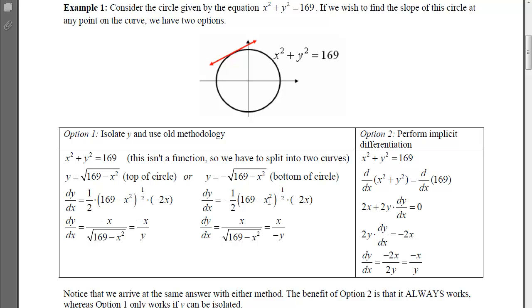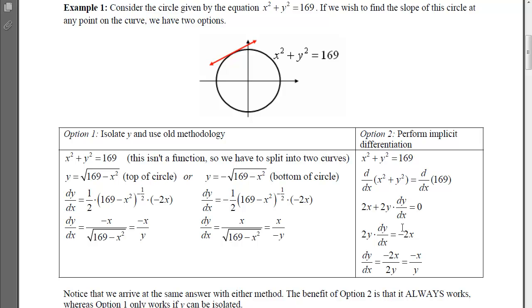I can do the same thing over here, and if I simplify, I can see that I'll get a negative x on top, and that's the square root of 169 minus x squared on the bottom. Well, that is the same as the y, so I end up with dy/dx equals the opposite of x over y in either scenario. With option 2, we do what is called performing implicit differentiation, and that is the focus of today's lesson.